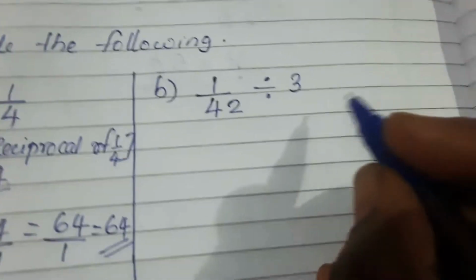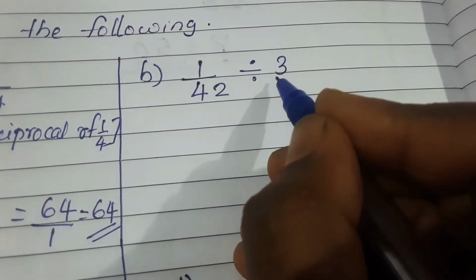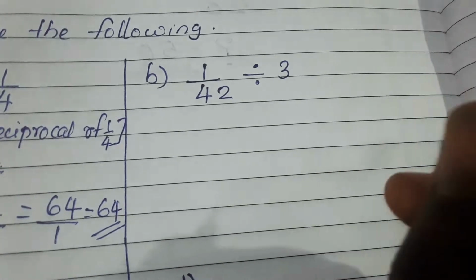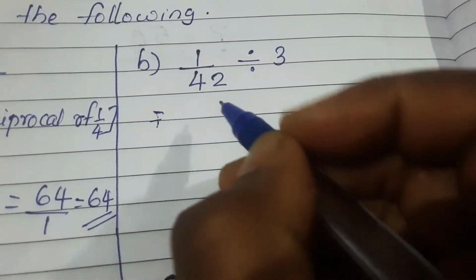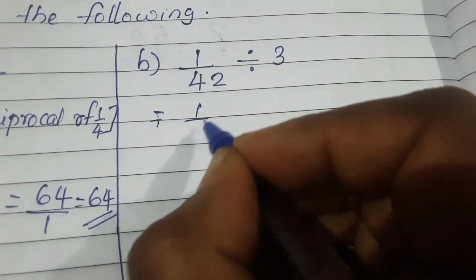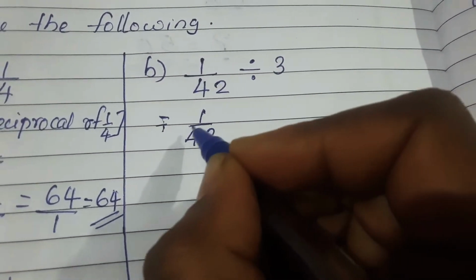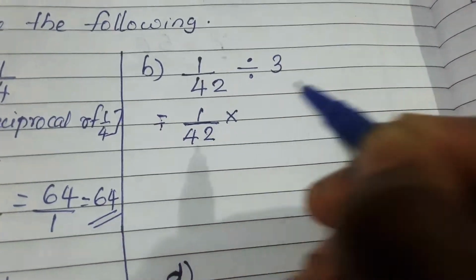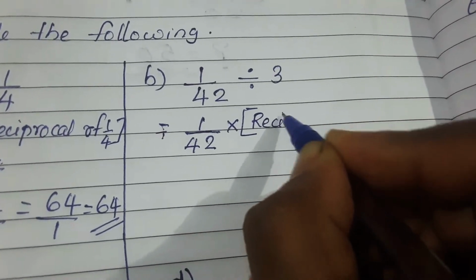Okay, now let's move to the next question. Look children, 1 by 42 divided by 3. Always remember the first fraction or first number you write as it is. Don't change it. First one you write as it is, and then according to the division of fractions rule, you multiply with the reciprocal of the second one.